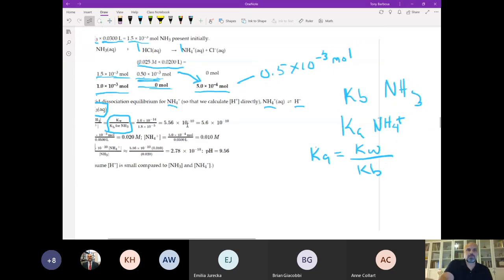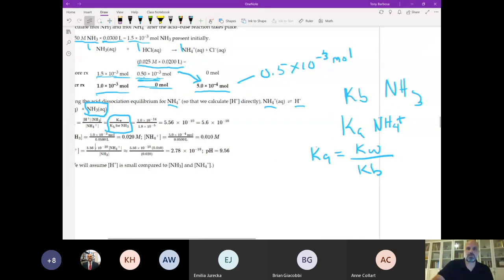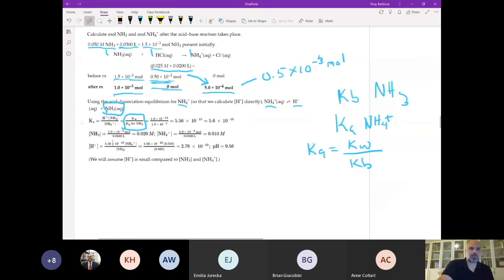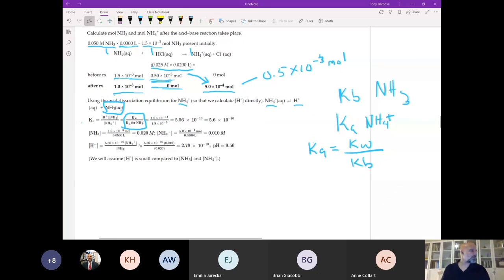It's easier to see now. All right, so we have the Ka. To solve for what Ka is equal to, we just plug in the Kb for ammonia. We have the Kw here. So we have our Ka is equal to 5.56 times 10 to the minus 10.